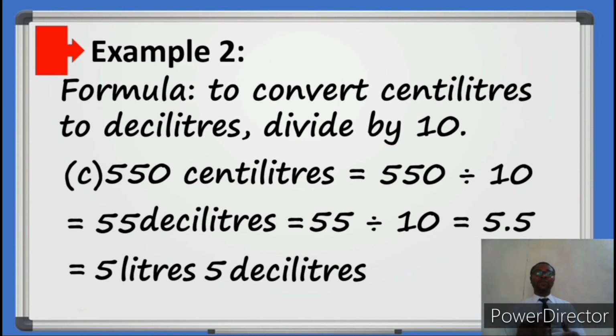But since we are converting to liters and deciliters, we first divide by 10 to convert to deciliters, giving 55 deciliters. Then we divide by 10 again, because 10 deciliters equal 1 liter, and 55 divided by 10 is 5.5. So our final answer will be 5 liters, 5 deciliters. I hope you are following. I'm sure you are following.